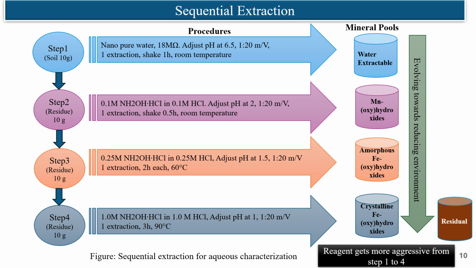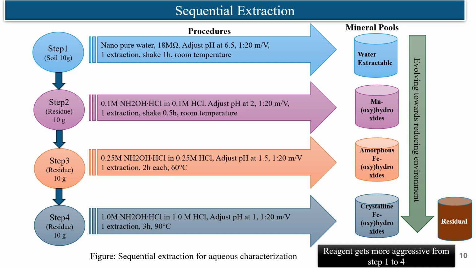The chemical sequential extraction has 4 steps, and in each step we target a different mineral pool, beginning with the water extractable pool, and then we go to the manganese oxyhydroxide mineral pool, which is the second mineral pool, and the third mineral pool is the amorphous iron oxyhydroxide mineral pool, and the fourth mineral pool is the crystalline iron oxyhydroxide mineral pool.